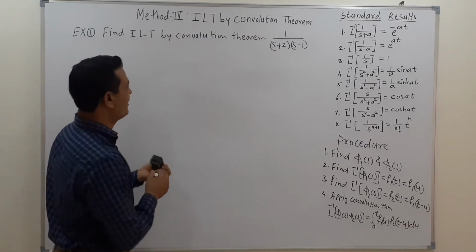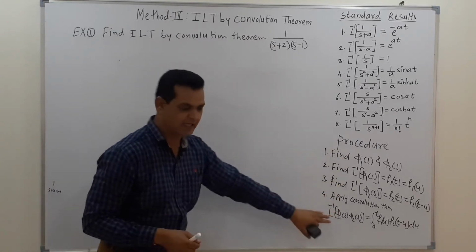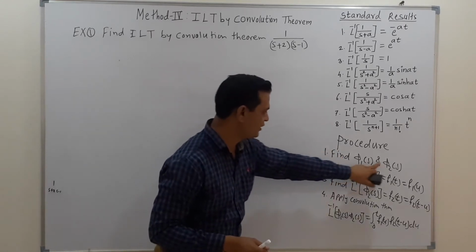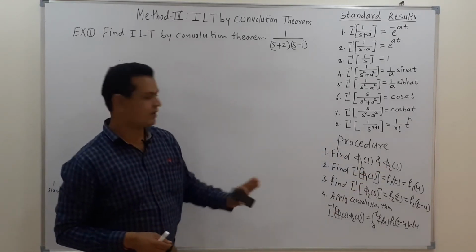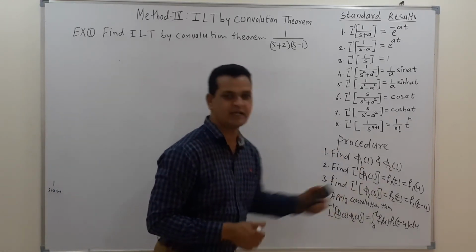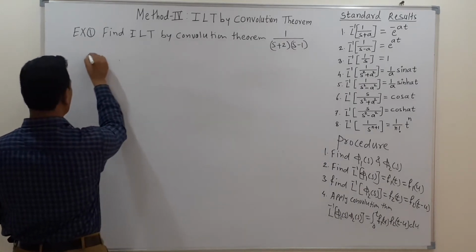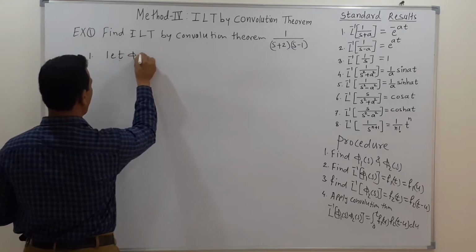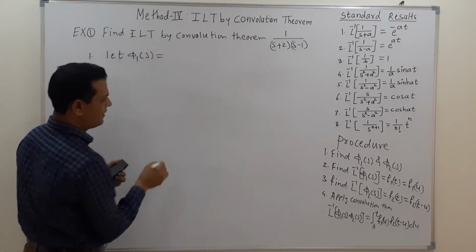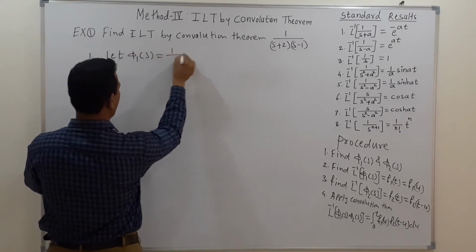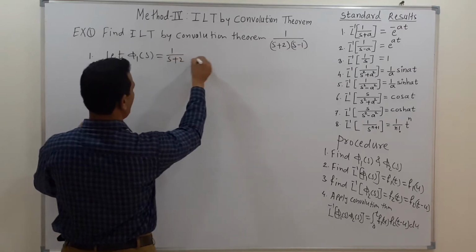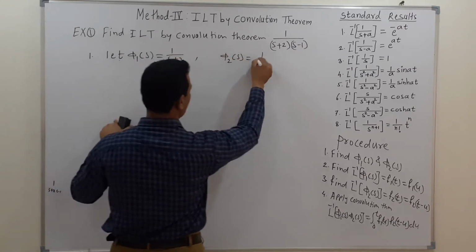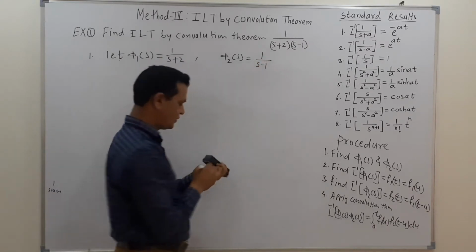Now here, what the first step says is that whatever given example is there, let's split this example into two parts. Let's call the first part phi 1 and the second part phi 2. So according to this first step, we can write, let phi 1 of s is equal to 1 upon s plus 2, and assume that phi 2 of s is equal to 1 upon s minus 1.